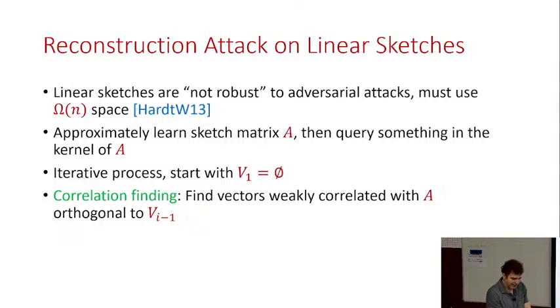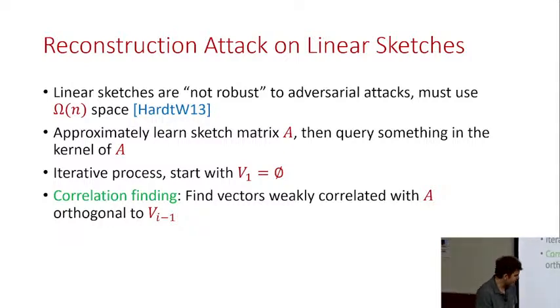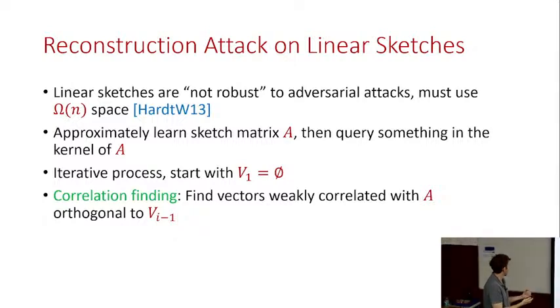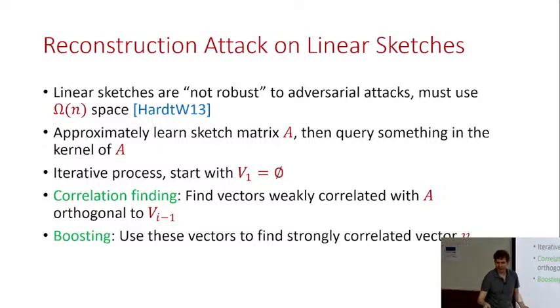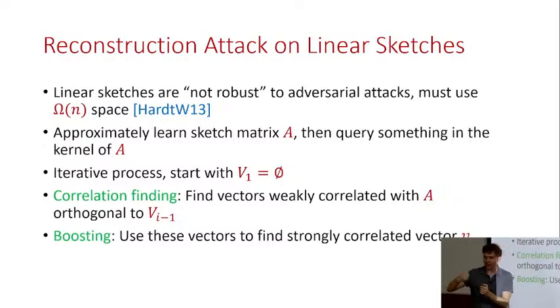And by observing the outputs, it can do this. I won't describe exactly how, but that's what it's doing in each step. It's doing some kind of correlation finding. You can imagine that if I query a random Gaussian vector to a sketch, then there's some output distribution on the vector the sketch sees.